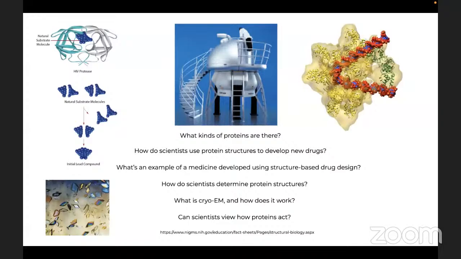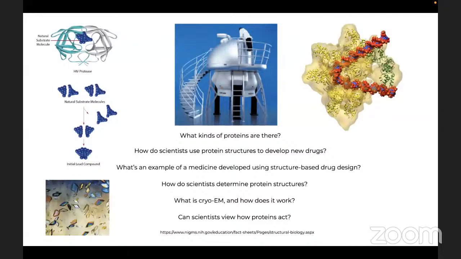So bigger structures can be visualized with cryo-EM. X-ray crystallography and NMR, nuclear magnetic resonance spectroscopy, also make it possible for researchers to view proteins, and we will see one such case study today.